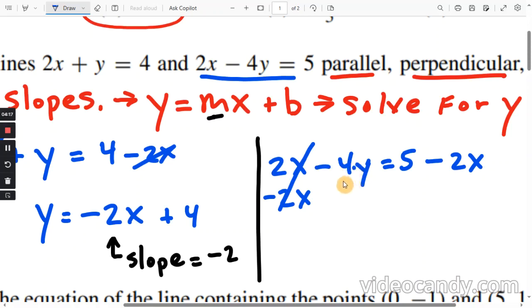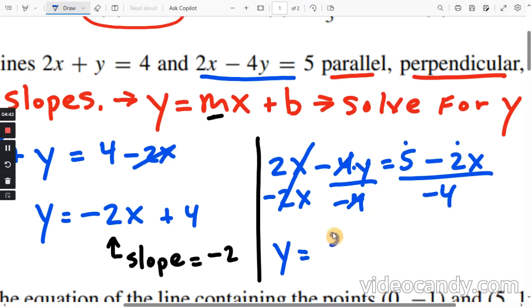The opposite of times -4 is divided by -4, and it cancels here. And now we have y equals. See these terms in the numerator, when they're added or subtracted over a common denominator, that means each one is over that denominator. So 5 is divided by -4, and -2x is divided by -4.